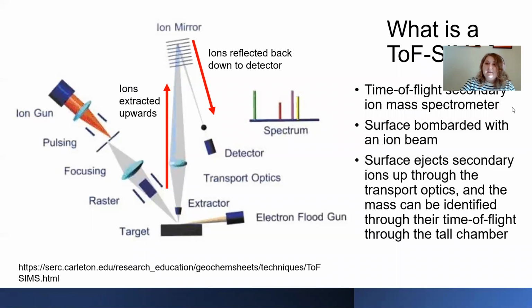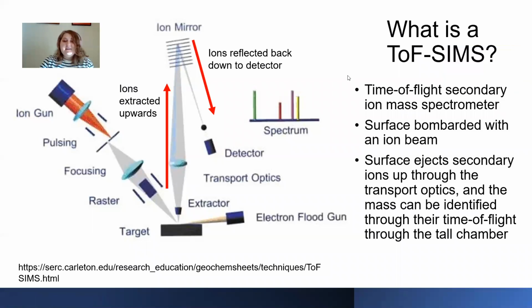Just to give a very brief overview, TOF-SIMS stands for Time of Flight Secondary Ion Mass Spectrometer. It's a surface-sensitive technique where you bombard the surface with an ion beam. Those ions hit the species on the surface, and they eject secondary ions from the surface up through these transport optics.